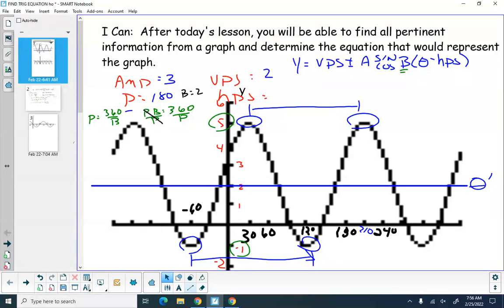The first three tidbits of information we threw up there, the amplitude of 3, the vertical phase shift of 2, and the b value of 2, those three will be the same in all these equations. The fourth element, the horizontal phase shift, will be the different one.